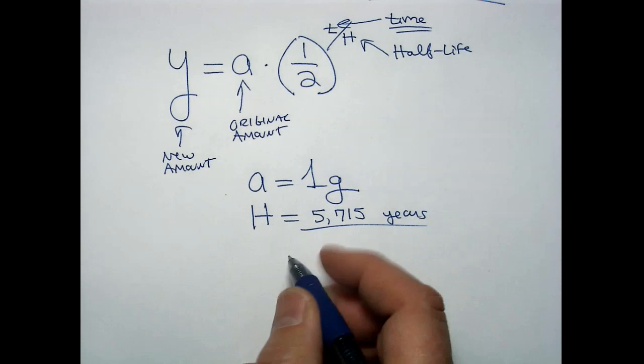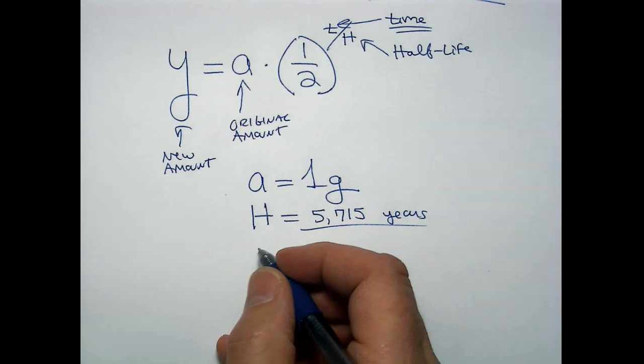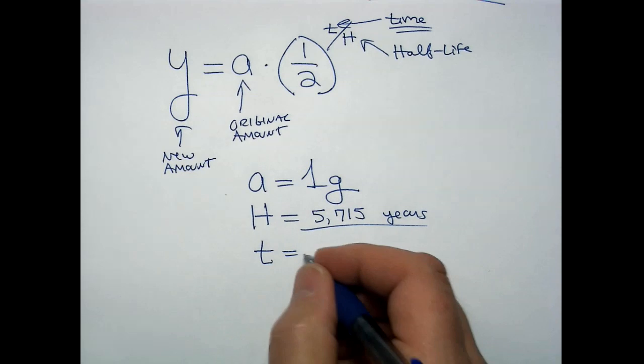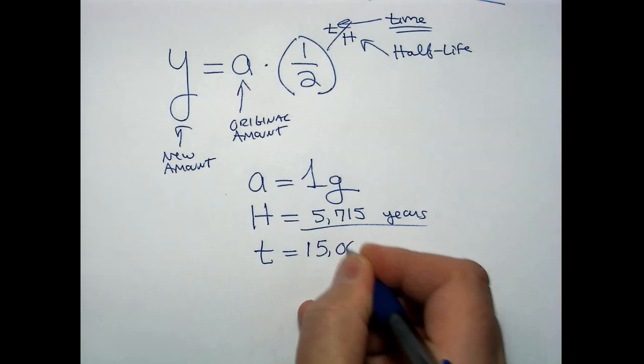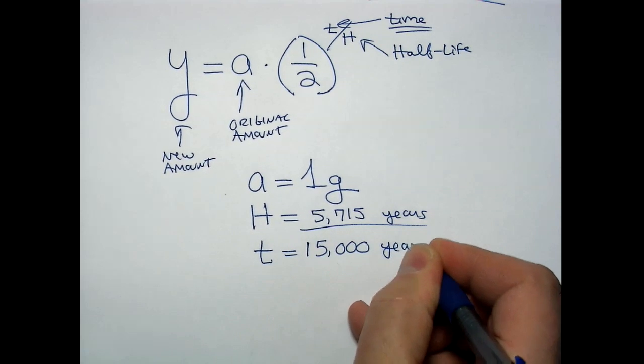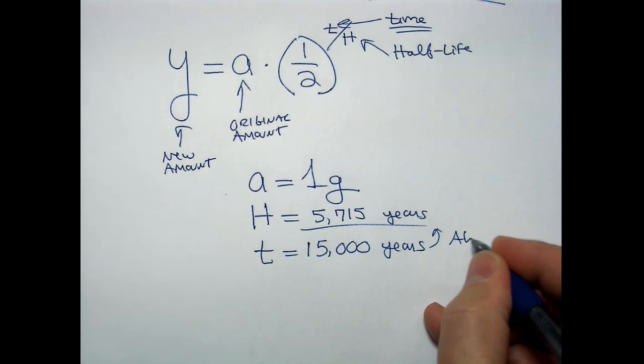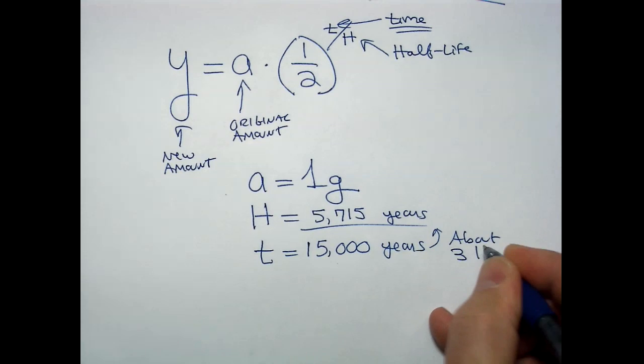So I'd like to know how much carbon-14 would we have in, oh, I don't know, about 15,000 years. Now, if you look at this, 15,000 years is about 3 half-lives.